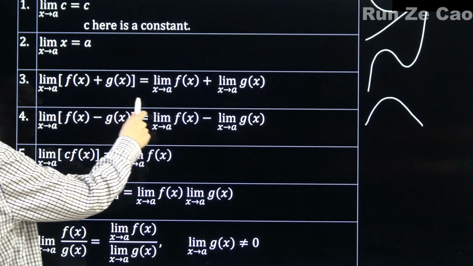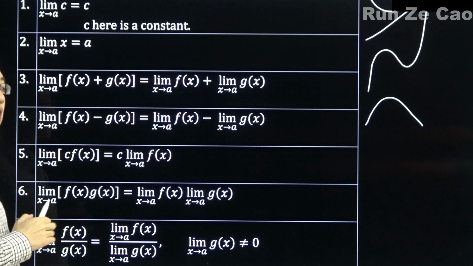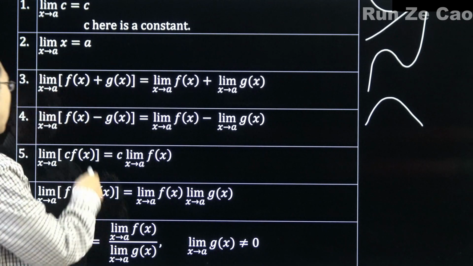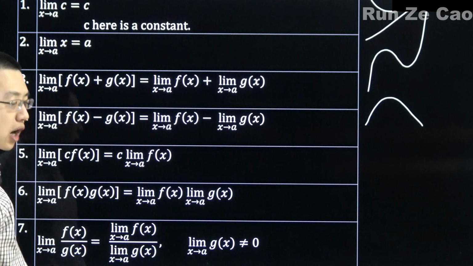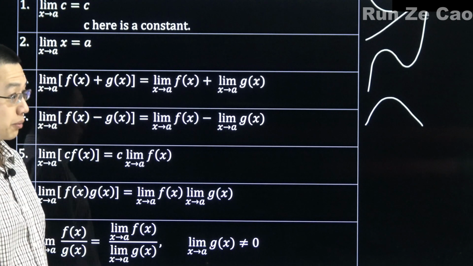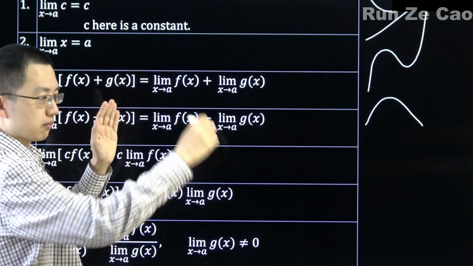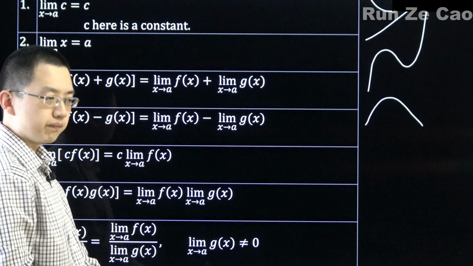If any part of either one does not have a limit, then if you're trying to find the limit of the sum at that point, it's not going to work. For example, the limit as x approaches 0 of 1 over x plus 1.